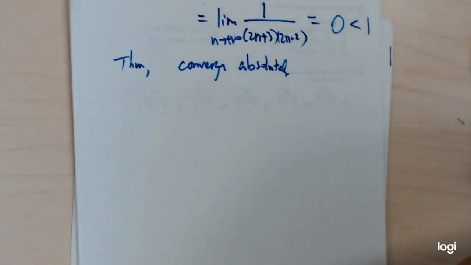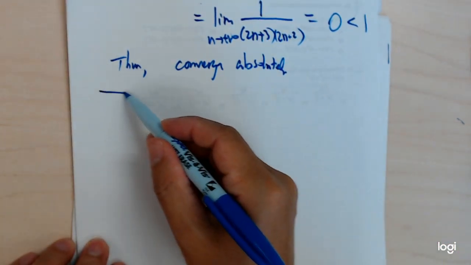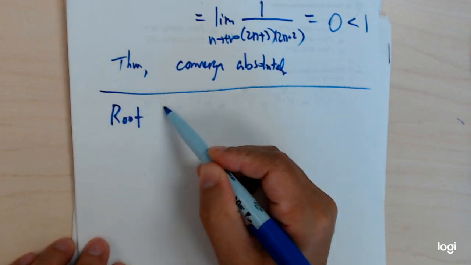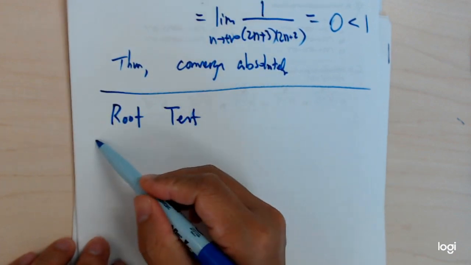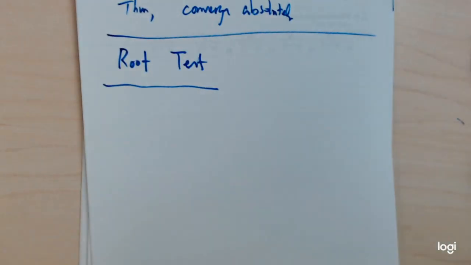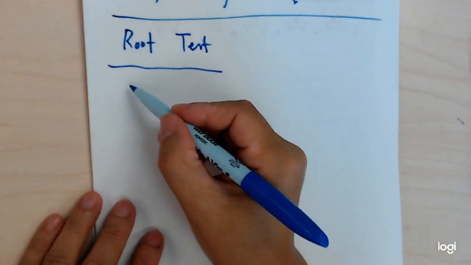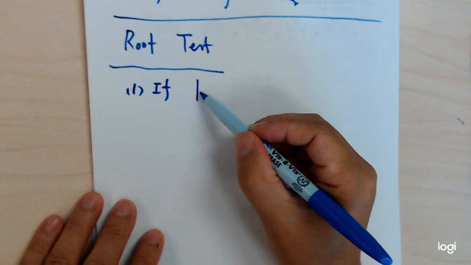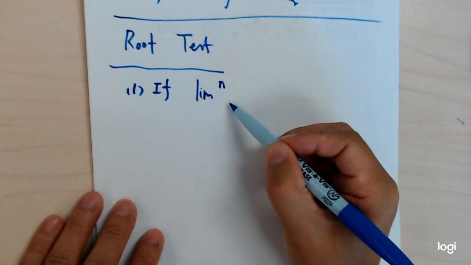The last bit I want to talk about is the root test. The root test looks very similar to the ratio test, it's just that what's involved is the root. And this is the last test. You take the nth root.